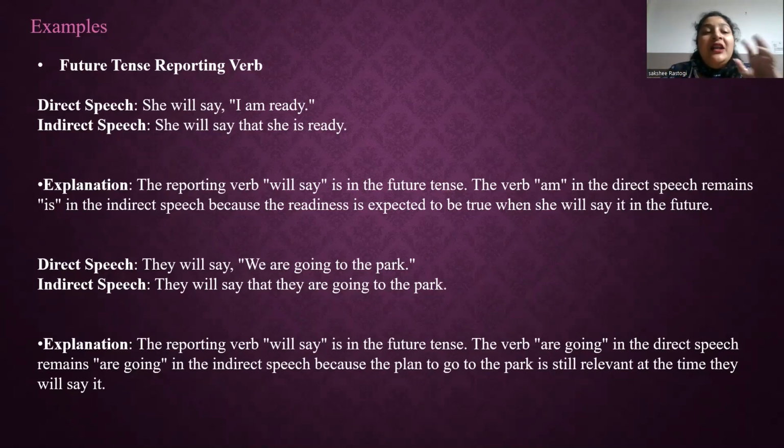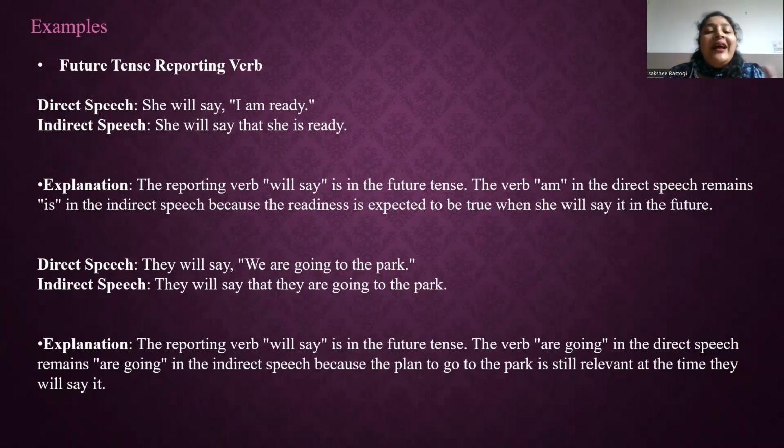While using the future tense reporting verb, it helps to express future events or actions, make predictions or forecasts, report plans or intentions, and provide instructions or guidance for future tasks. It is important to note that the future tense reporting verb is used to report something that has not happened yet, but is expected to happen in the future.